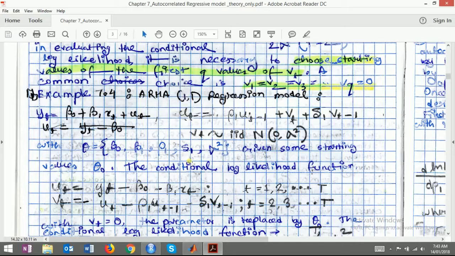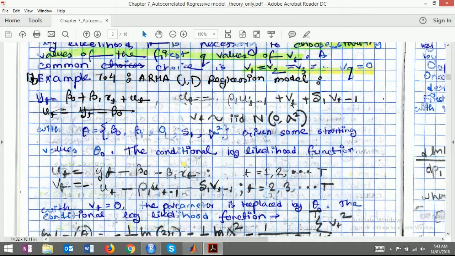Now let's talk about an ARMA 11 model. In ARMA 11 we have yt, which is beta naught plus beta 1 xt plus ut, and ut is rho 1 ut minus 1 plus vt plus delta 1 vt minus 1, where vt is IID with theta equal to beta naught, beta 1, rho 1, delta 1, sigma square.